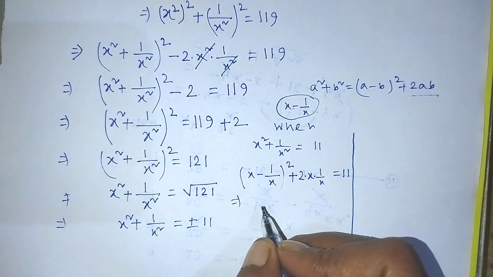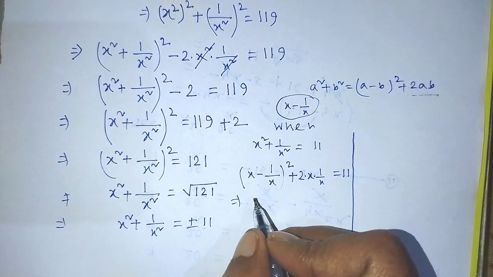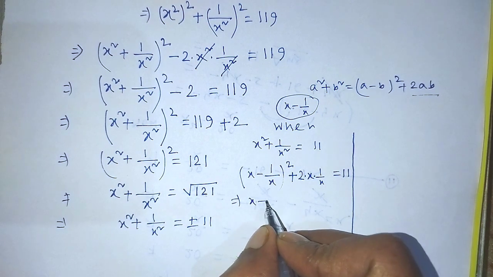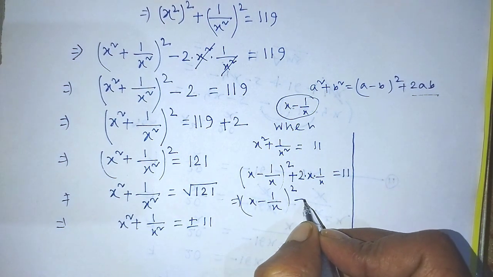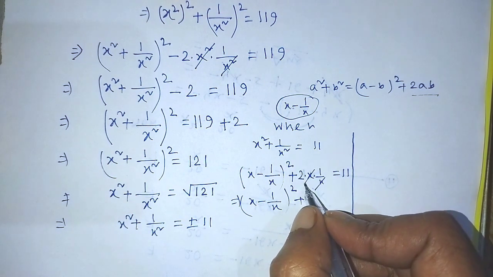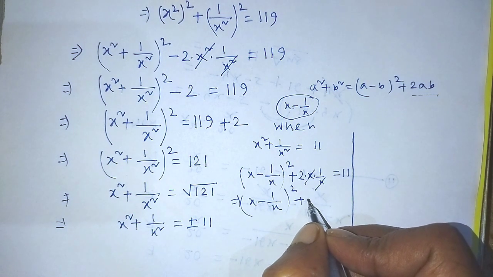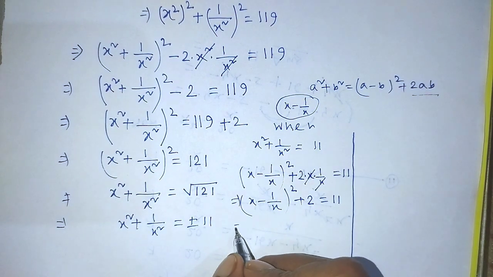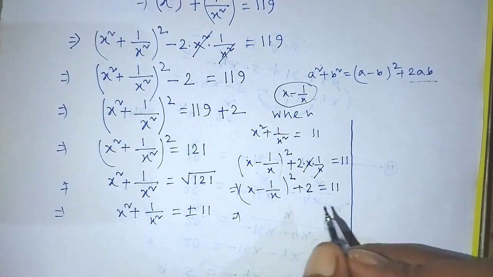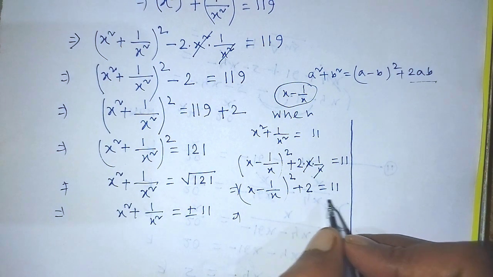Okay. So after that we can write from the left hand side of this equation x minus 1 over x whole to the power 2 plus, x cancels and we have to write only 2 is equal to 11. So after that we have to transpose 2 from left hand side to right hand side.